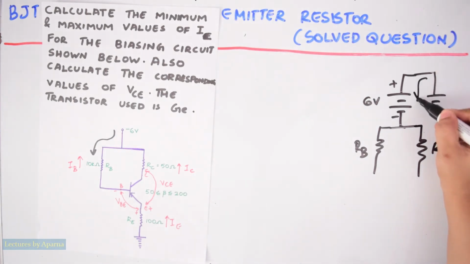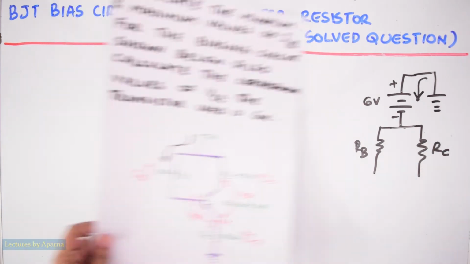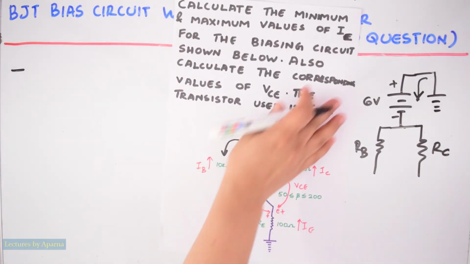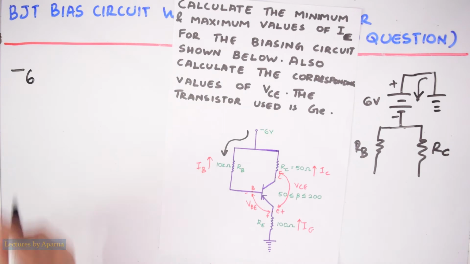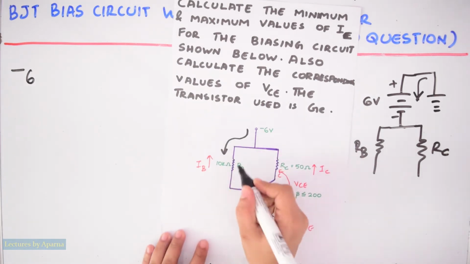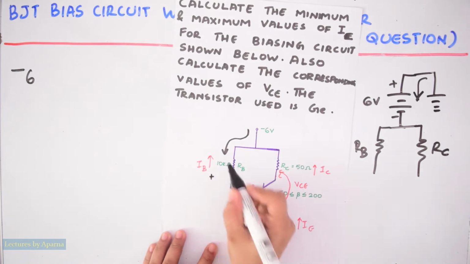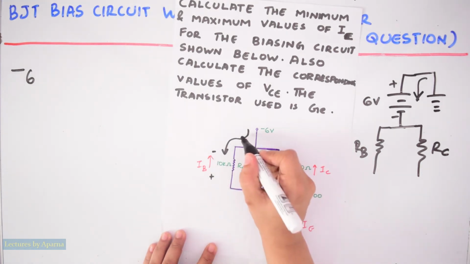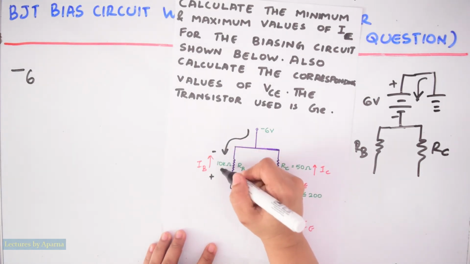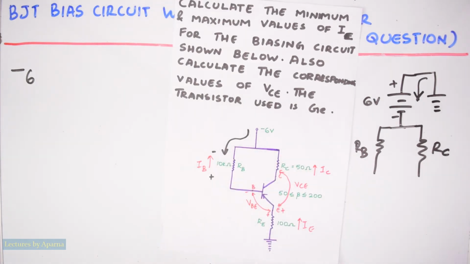When we go in this direction, we are going from a positive to the minus potential. So it is a decrease in potential. So this will be minus, what is the voltage here? 6 volt. And then when we go to the input section, the current is actually flowing from a higher potential to lower potential. So when we go in this direction, we are going from a minus to plus. So it is an increase in potential.